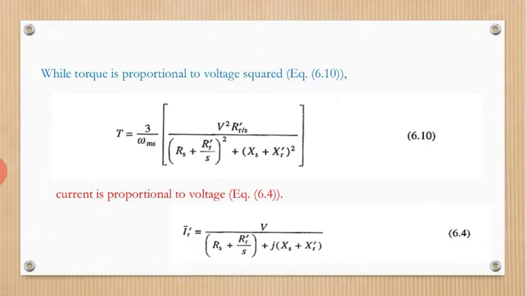Here the torque equation indicates that the torque is directly proportional to the voltage square. Hence if you reduce the voltage, the torque will be reduced, and the current is proportional to the voltage, so the torque capability will be reduced.